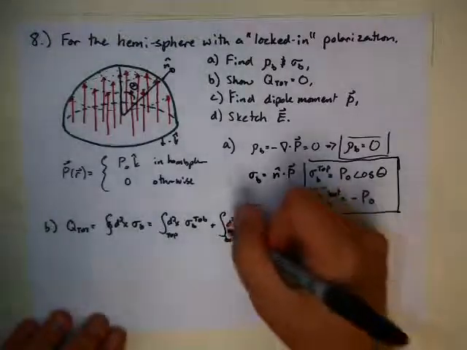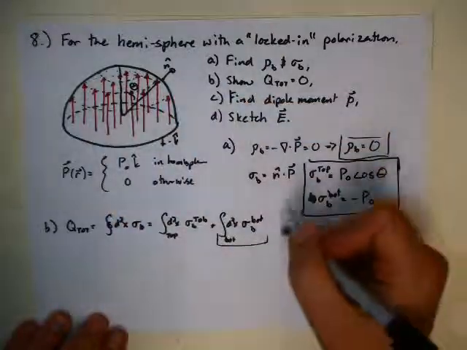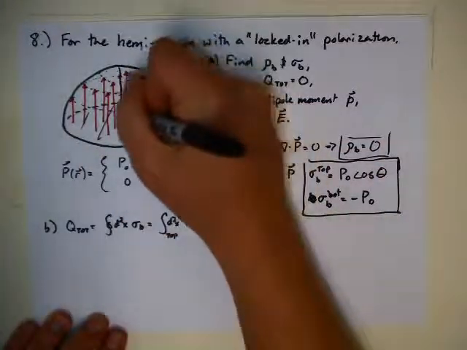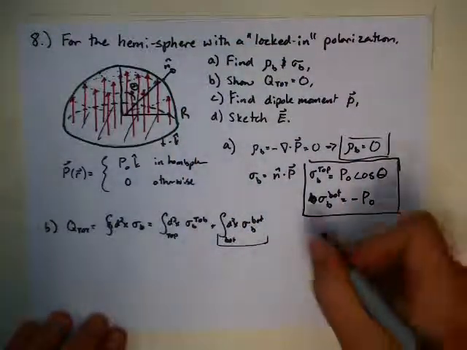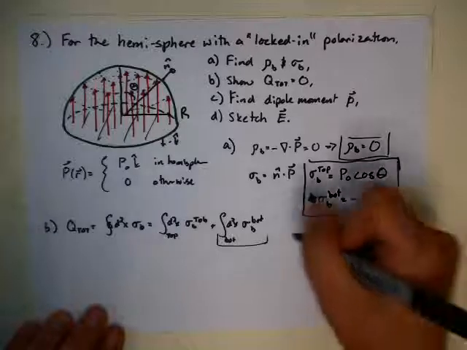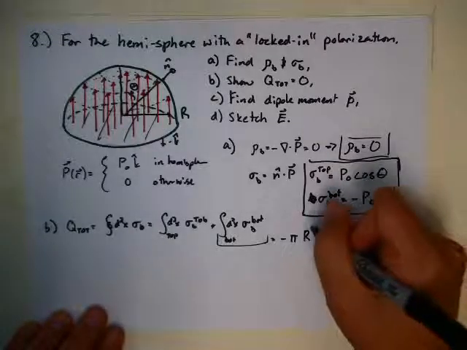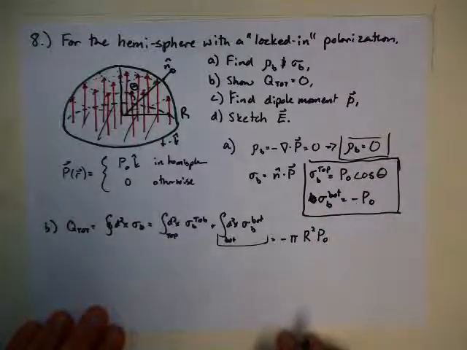The bottom is by far the easier to do, because it's constant, and so I just need to multiply by the area. If I define the size of this hemisphere as capital R, this is just pi, so this is going to be minus pi R squared times P naught, the minus from there.